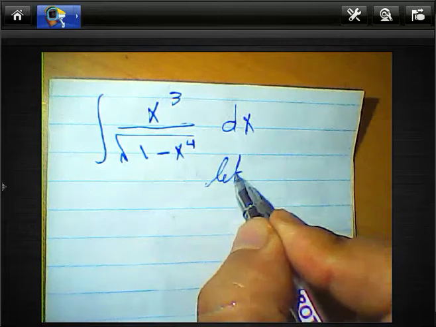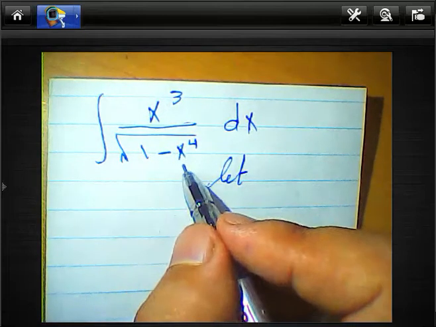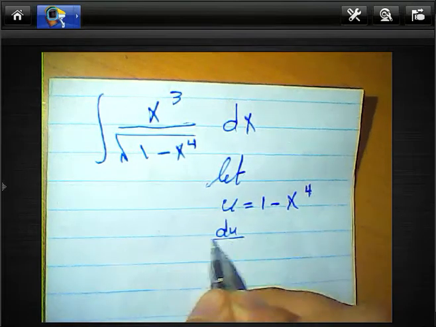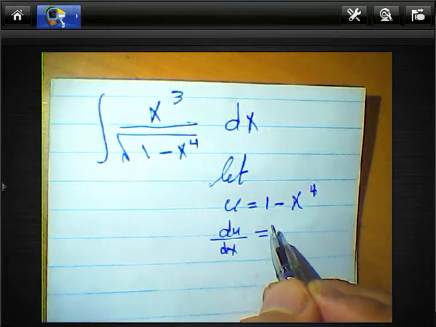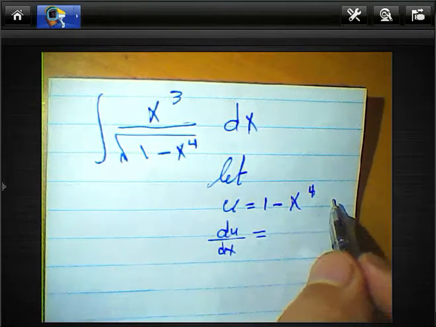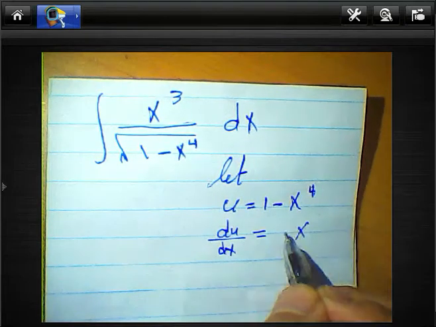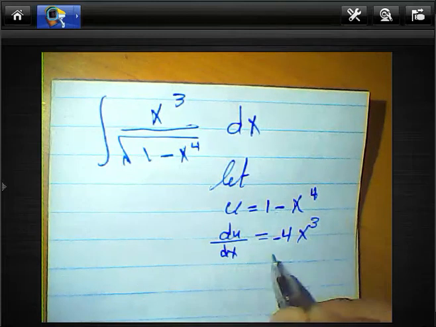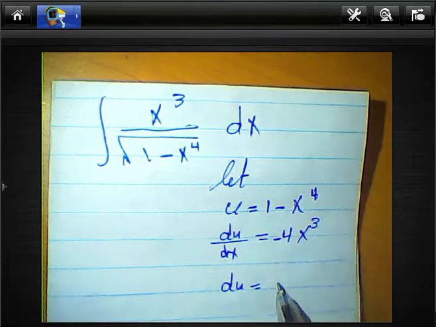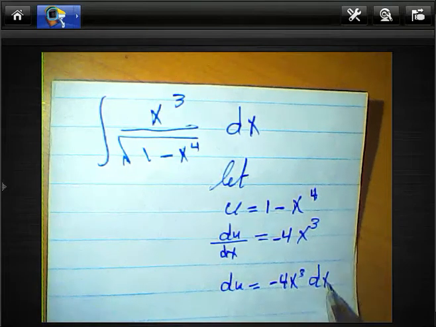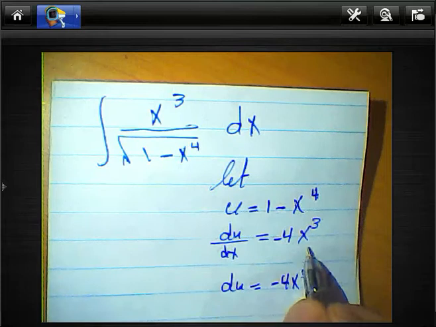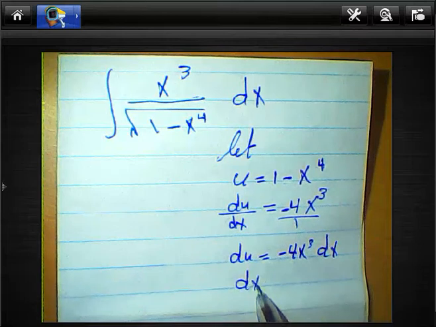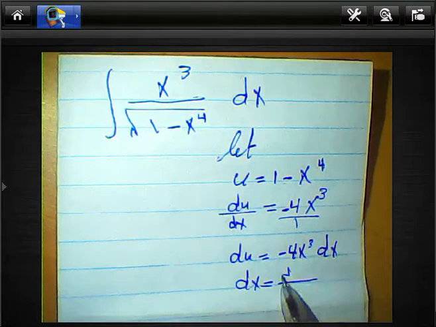As the first step, let this expression equal u, so u equals 1 subtract x power 4, and we can write du over dx equals the derivative, where the derivative of 1 equals 0, and we can drop the 4 here and write negative, and subtract 1 from 4 will be 3, so du equals negative 4 x power 3 dx. Cross multiplying, the product of extremes equals the product of means, so we can find dx equals du over negative 4x power 3.